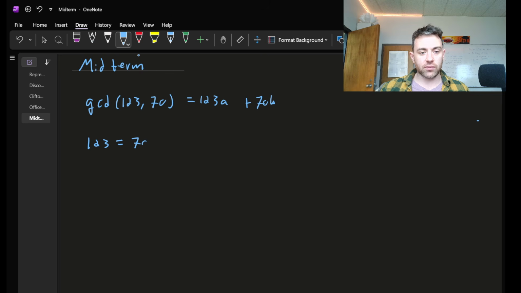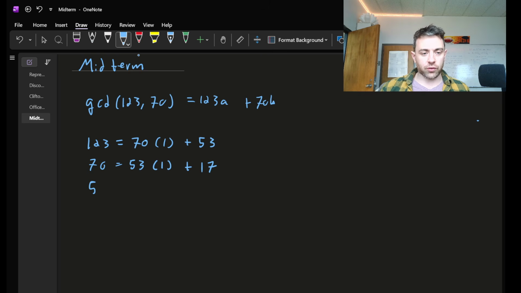How many times does 70 go into that? Once. What's the remainder? 53. So we move over 70, and we move over 53, and we ask ourselves the same question. Clearly 53 goes in there once. What's the remainder? 17.